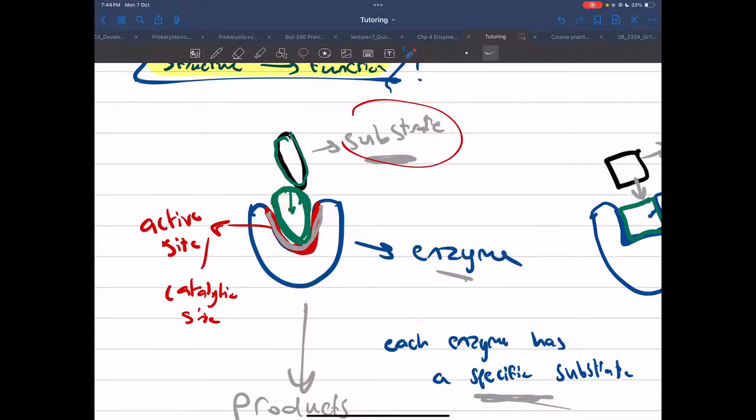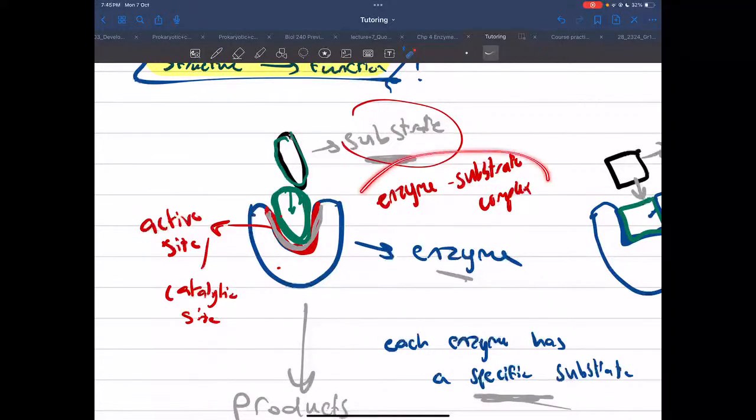It fits in perfectly. Now they're bound to each other. Once they're bound to each other, they form a temporary molecule. We call it, very simple, enzyme substrate complex. Why do I call it like that? Because it's made up of the enzyme and the substrate, and they're together, so it's a complex.